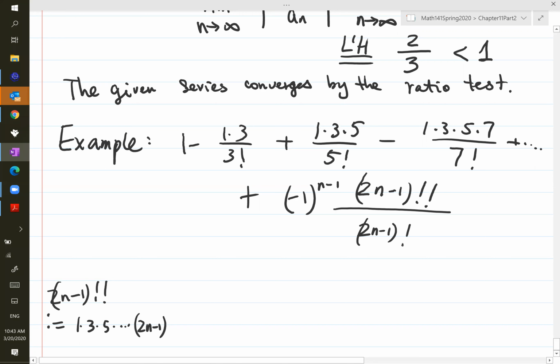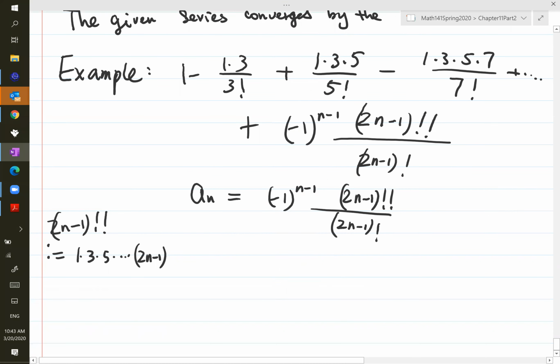So the general term a_n is (-1) to the power n minus 1, times (2n minus 1) double factorial over (2n minus 1) factorial.